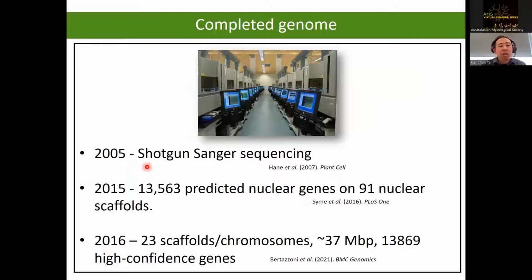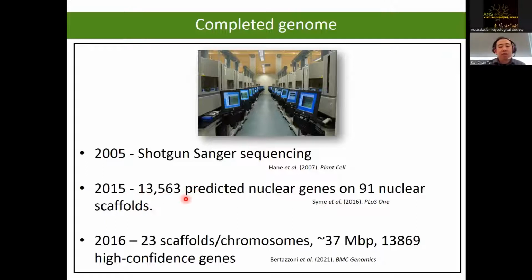Instead we used shotgun Sanger sequencing through the Broad Institute in Boston, where they've got a huge warehouse full of capillary sequencers, and it took a week to sequence the fungal genome using this approach. So 10 years later, we decided to finish it off when next generation sequencing, proteomics and RNA-seq became the technology.